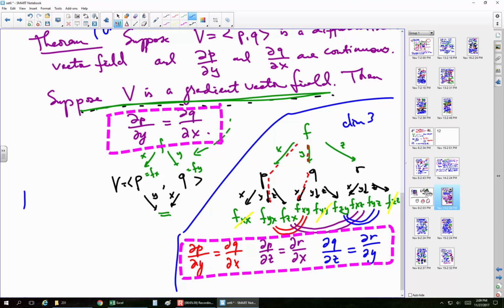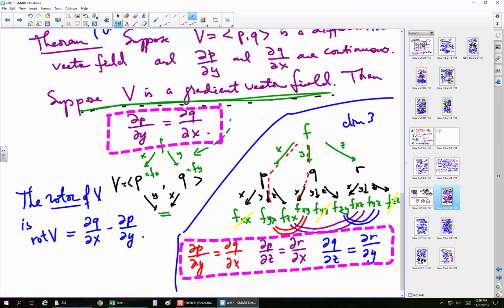It is called the rotor of the vector field, and it is dQ/dx minus dP/dy, right? So if the vector field is gradient, then the rotor is 0, and the rotor certainly indicates what we have been talking about, rotation. Is there a rotation of the vector field there or not?